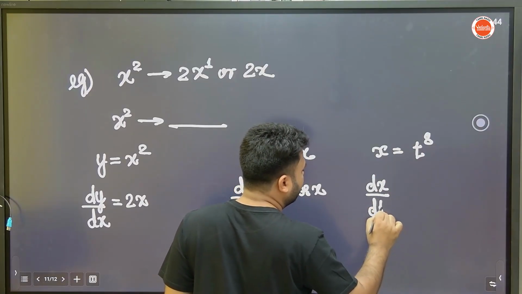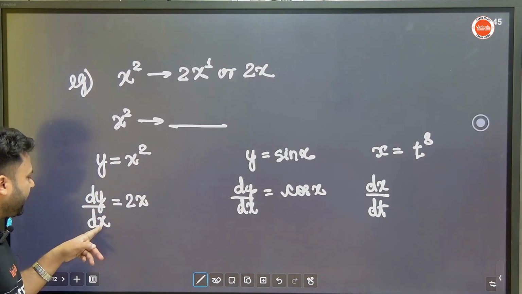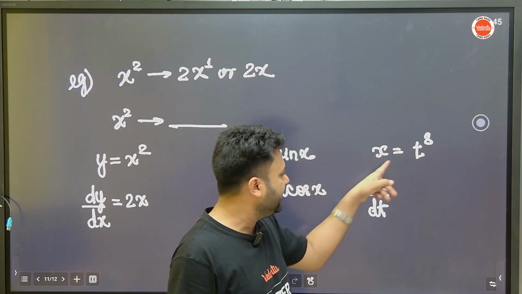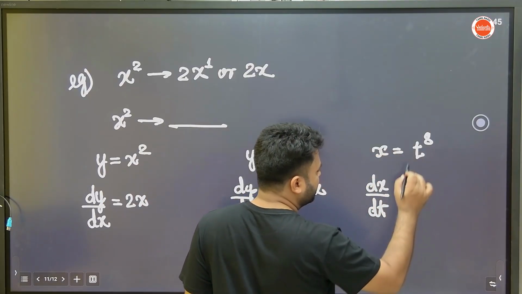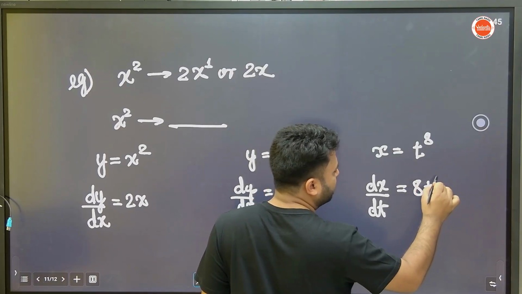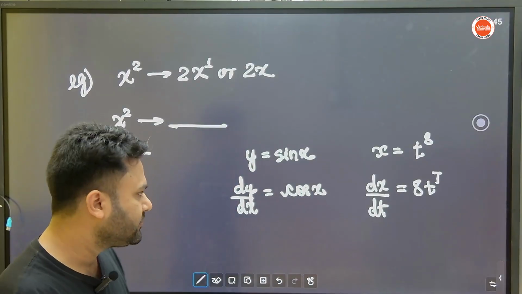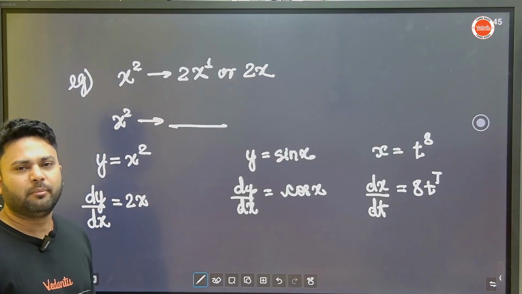Here we had y, here we had x, so dy by dx; x, t, dx by dt. So dx by dt will be, first we write power, then the variable, and power minus 1, that is 7. This will be the answer. So this way you have to remember.